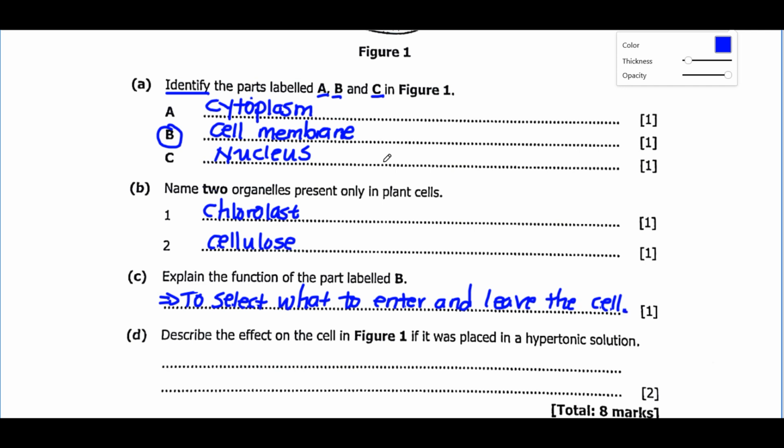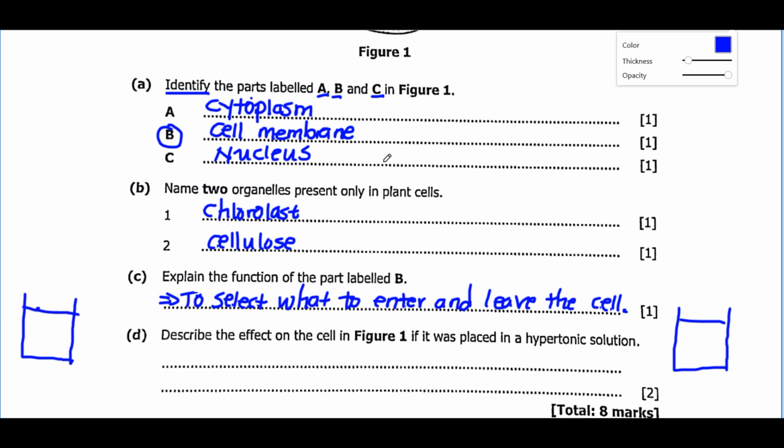Right, so we move on to question D. Describe the effect on the cell in figure 1 if it was placed in a hypertonic solution. Let me give you a simple illustration. We are going to have two beakers. Each beaker will have a solution, but the concentration will differ.